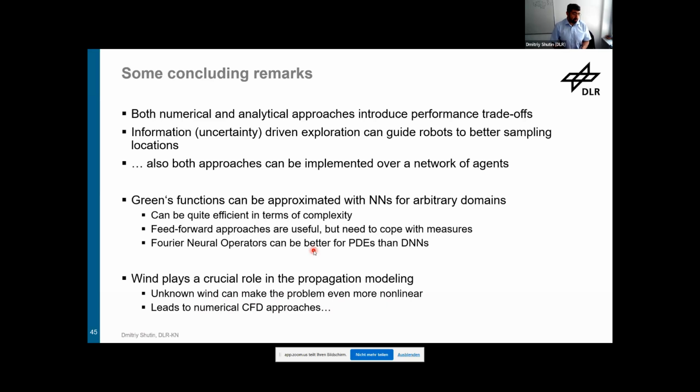And in the end, we would need to couple the advection-diffusion equation with the Navier-Stokes equations. That would lead to full-blown computational fluid dynamics simulations, which are extremely complex approaches. But this is something that we still need to tackle, and that's something we need to keep for future work.